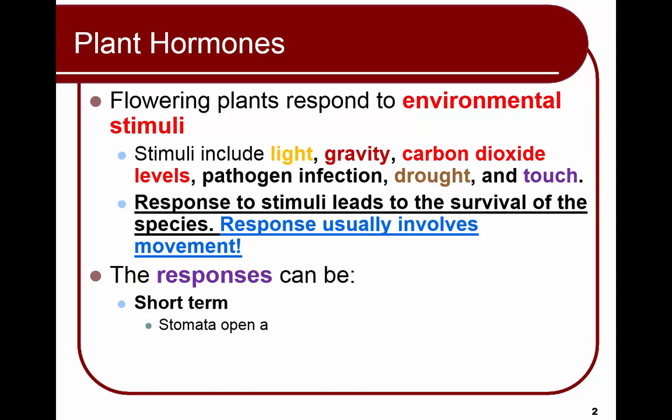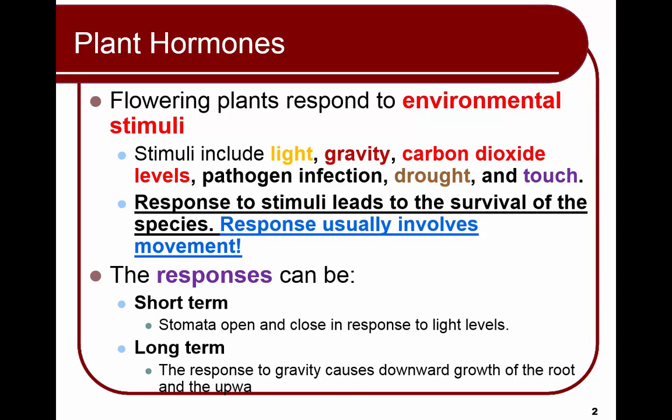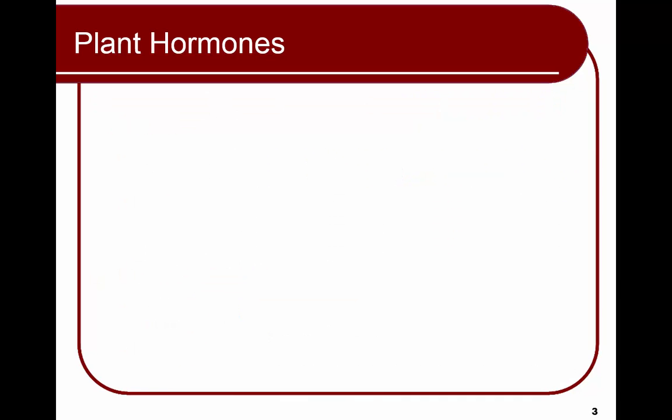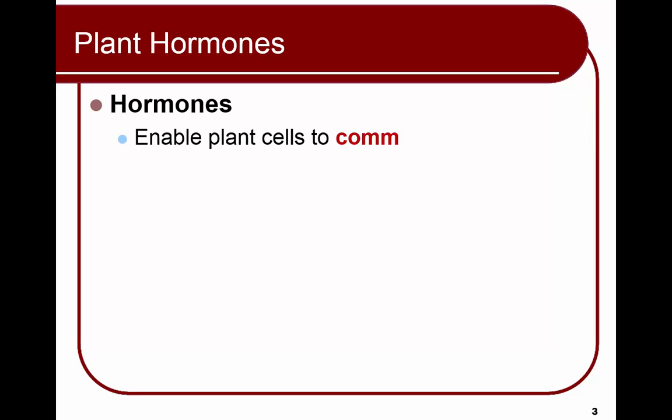It can be a short-term response, such as the stomata opening and closing, depending on light levels, or it can be long-term, like how gravity causes the roots to grow down and the stem to grow up. Now, hormones are chemical signals that coordinate cell responses, and this helps the plant cells to communicate.